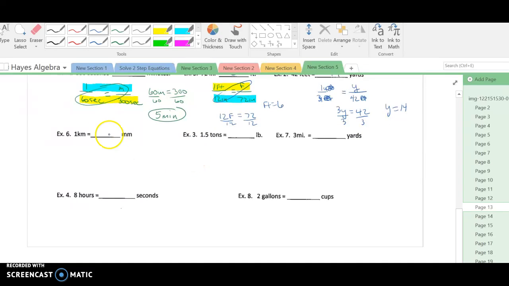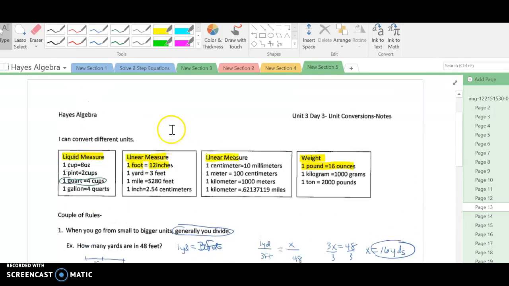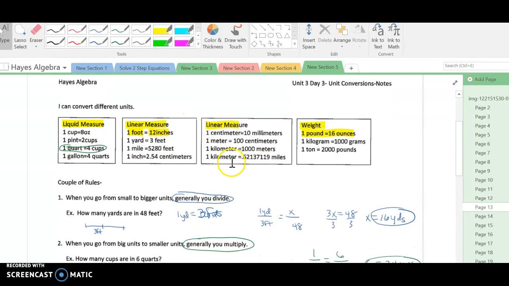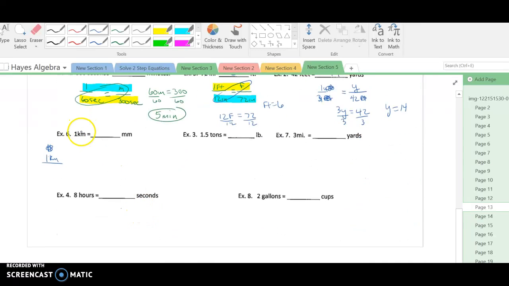Now, 1 kilometer is equal to how many millimeters? Well, here's the thing. 1 kilometer, if I go up here, 1 kilometer is equal to 1,000 meters. So right now we're just going to do is equal to 1,000 meters.